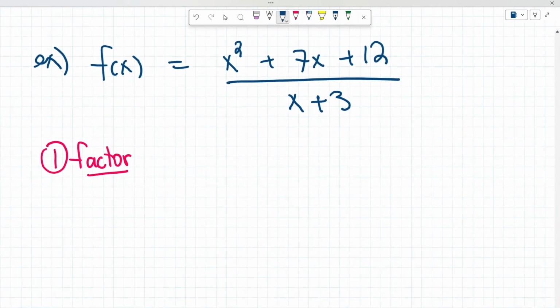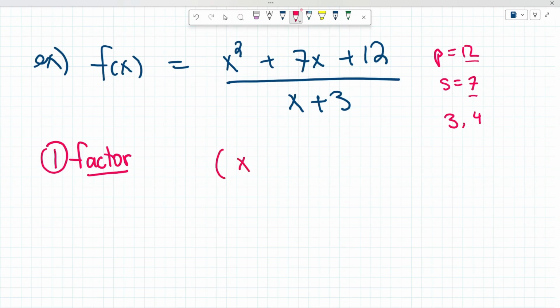This is a trinomial, so we can use the product-sum rule. Our leading coefficient is just 1, so we can do the fast version of this rule. Our product equals 12, and our sum equals 7. What are two numbers that multiply to 12 and add to 7? 3 and 4 work. So let's factor the numerator.